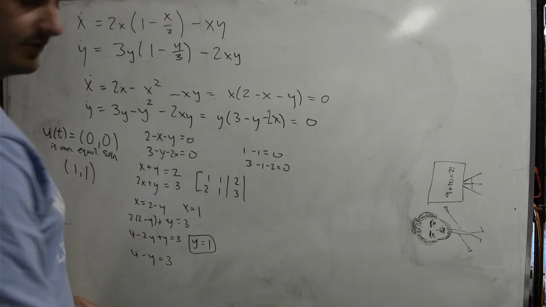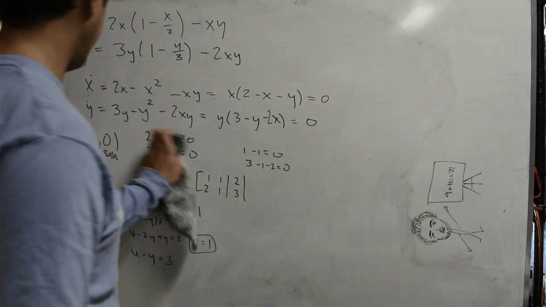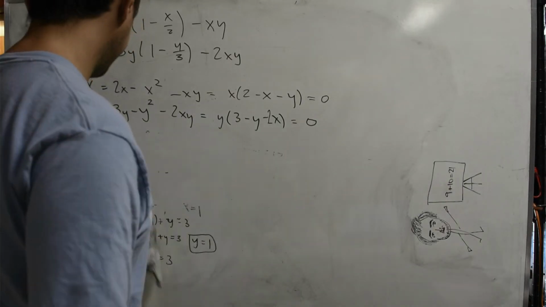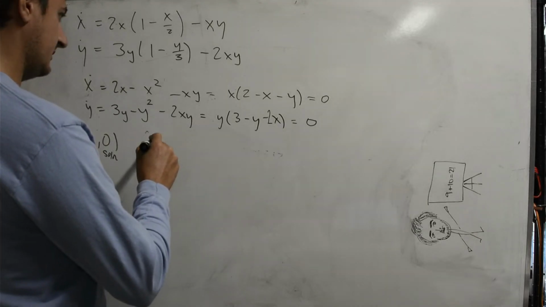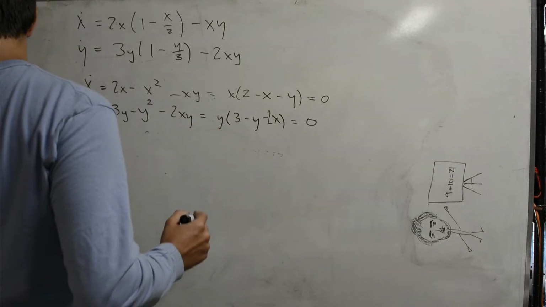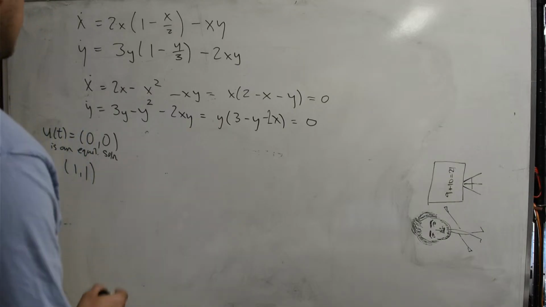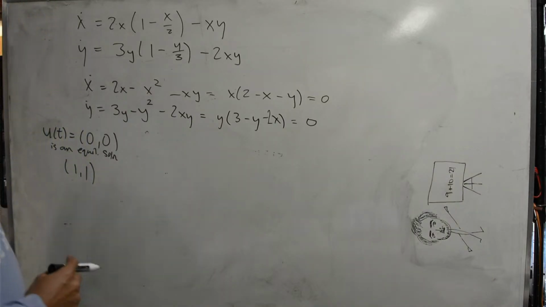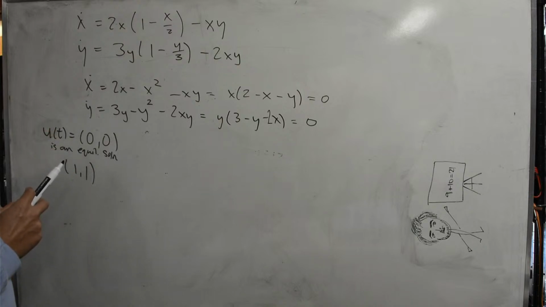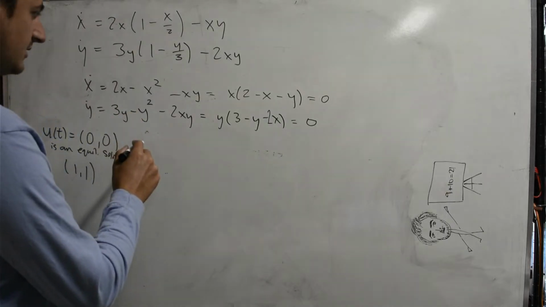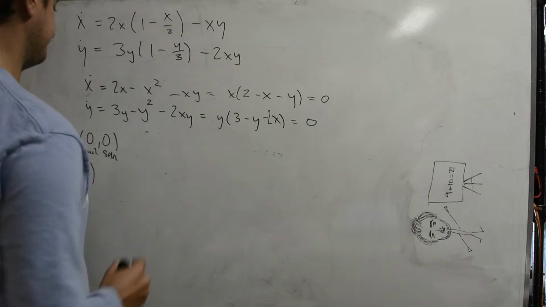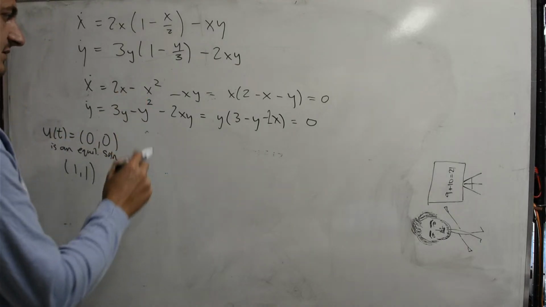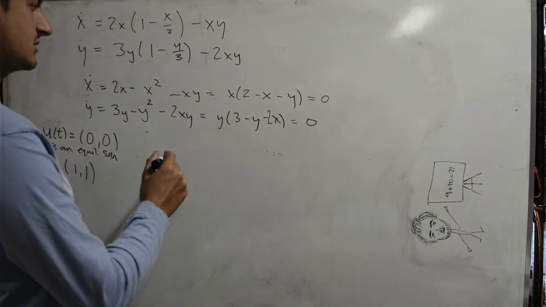So let's just say if we have a quadratic and a quadratic, then this could have 2 solutions and this could have 2 solutions, right? So there's probably 4 solutions.